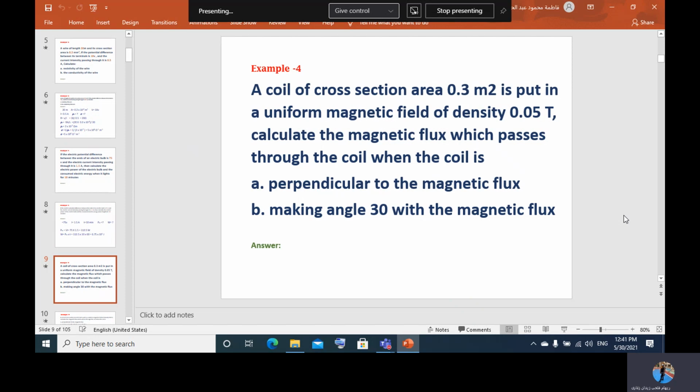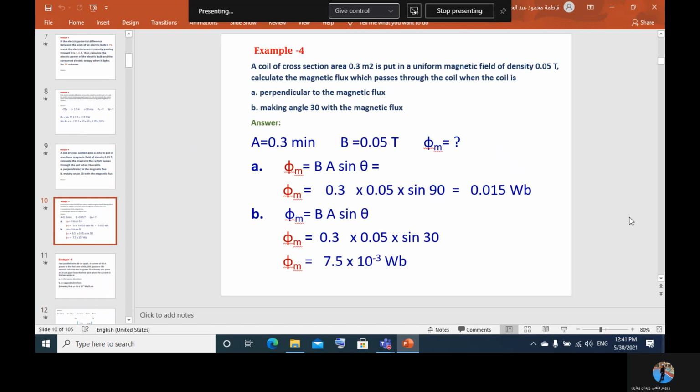I have a coil now, okay? I have a coil, and for this coil, I have its cross-section area. And I have B, which is the magnetic flux density. What does he want? The magnetic flux. Okay, when it is perpendicular. So let's start first by extracting information.